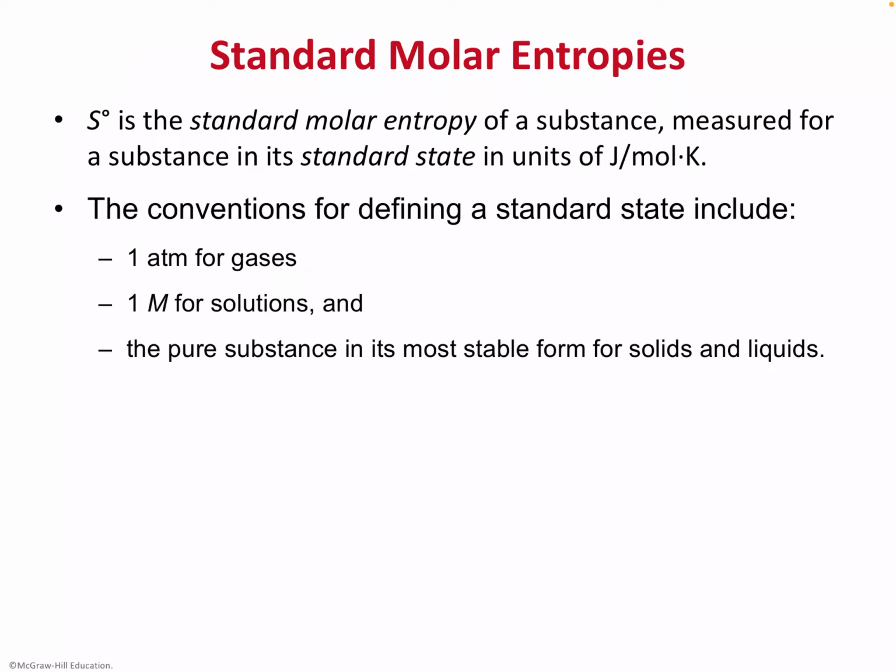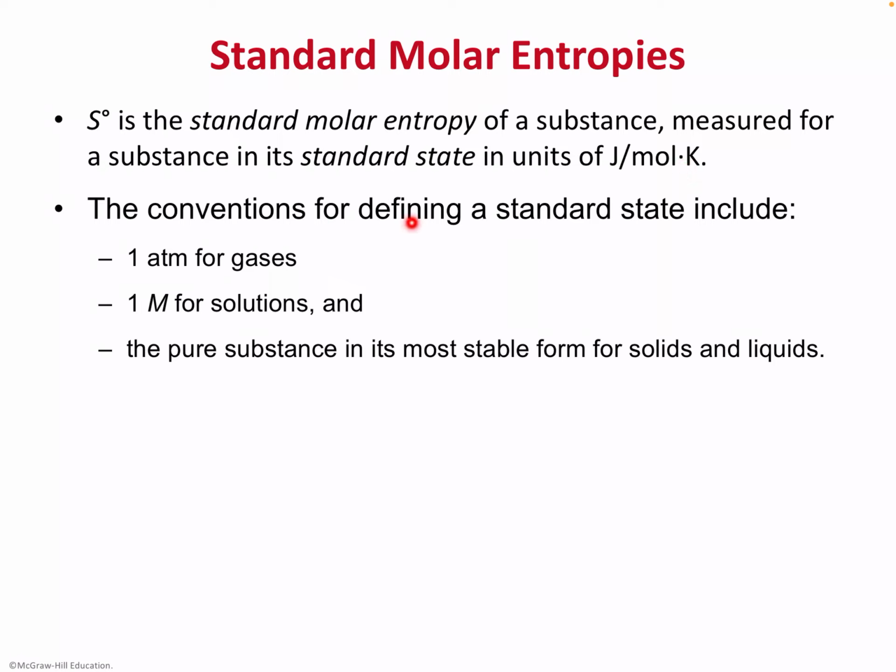Standard molar entropies are given the symbol S naught. It is the standard molar entropy of a substance, measured for a substance in its standard state, in units of joules per mole per Kelvin.